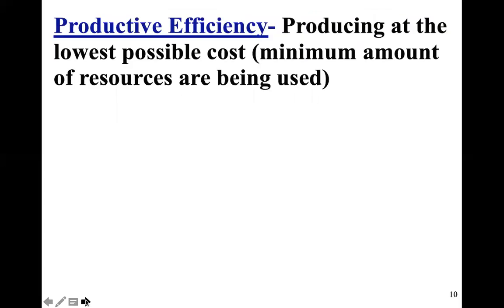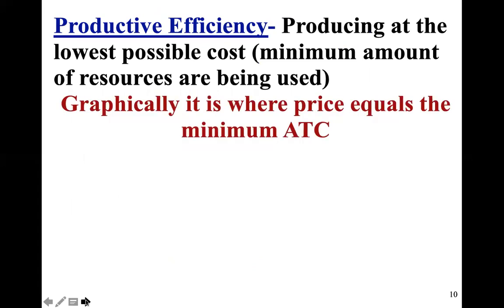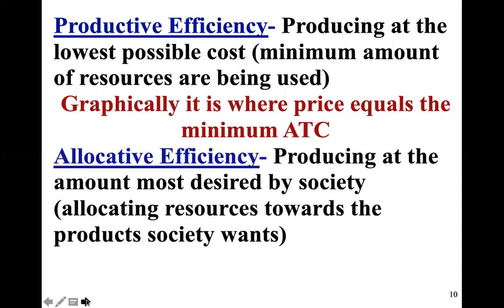We're going to define them a little bit differently and point to them on the graphs we've been developing here in Unit 3. Productive efficiency means you're producing at the lowest possible cost, which means you're producing at a quantity where your price equals your minimum ATC. If you're at your minimum ATC, your average total cost per unit is as low as you could go, and that's productively efficient because that particular firm is producing each of those units at the lowest cost possible.